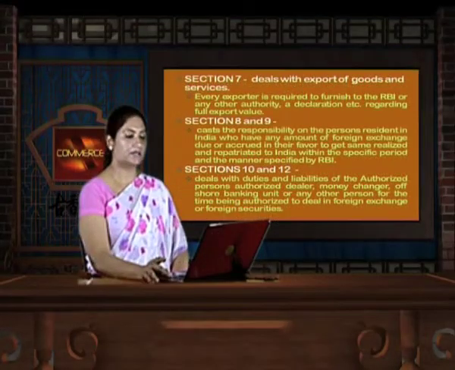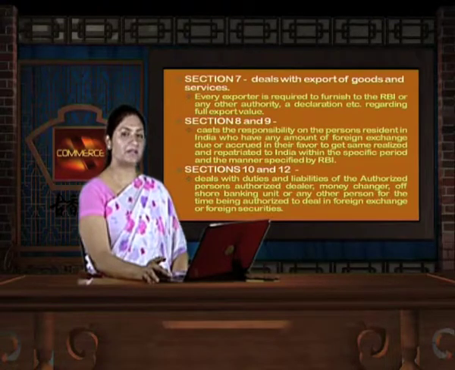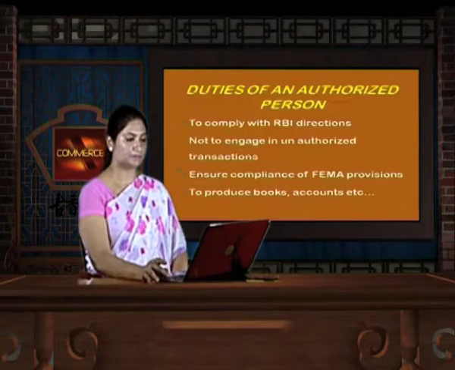So, under all these sections, Section 7 to Section 12, there are restrictions in which a declaration needs to be made by the person dealing in foreign exchange, whether he is an exporter, or a person who is going to get his money repatriated from India, or an authorized person who is a dealer in foreign exchange or a money changer or offshore banking unit.